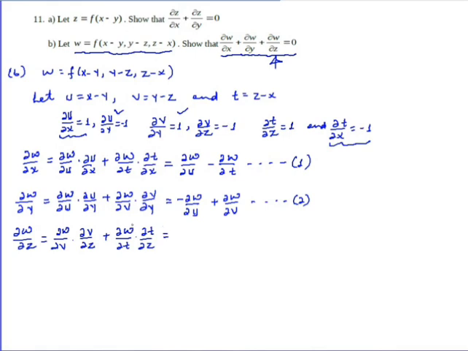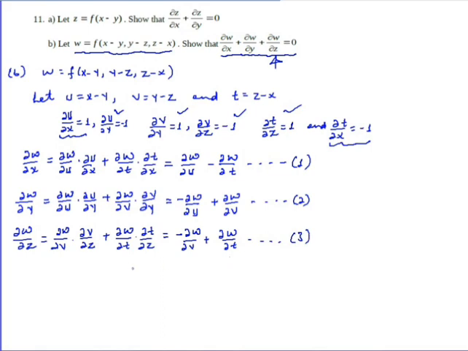So v with respect to z is -1, and t with respect to z is 1. So this equation becomes the negative of the partial derivative of w with respect to v plus the partial derivative of w with respect to t. Say this is equation 3.